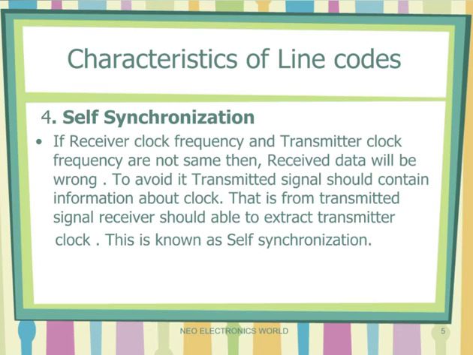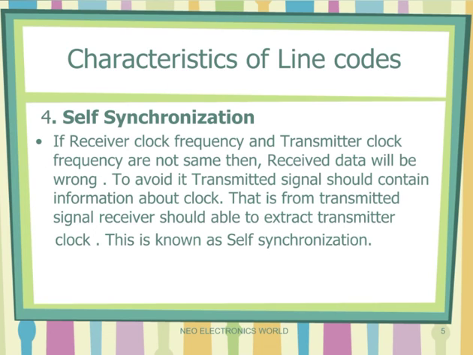If there is an error caused by this condition, we use the self-synchronization characteristic of the line code. The transmitted signal will contain information about the clock of that signal. That clock will be extracted by the receiver at detection time, and the extracted clock will work together to produce the correct output.